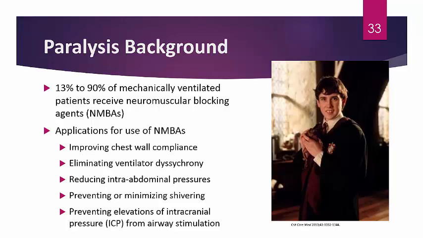And what paralysis does essentially is it calms down those muscle responses so that we can actually facilitate breathing a little bit easier. It may reduce intra-abdominal pressures. One of the big things that paralysis can be used for is preventing or minimizing shivering.